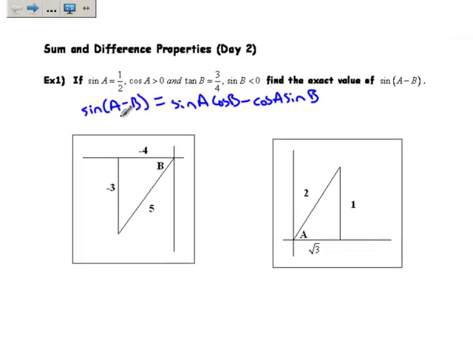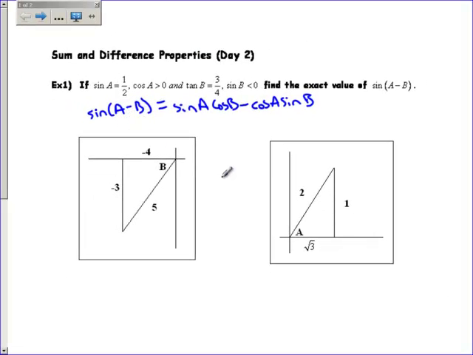I want you to keep in mind that A minus B is a different angle, and I'm not even going to deal with that angle, and I probably wouldn't even be able to label those sides, but I can use angle A and B from this formula to calculate this.